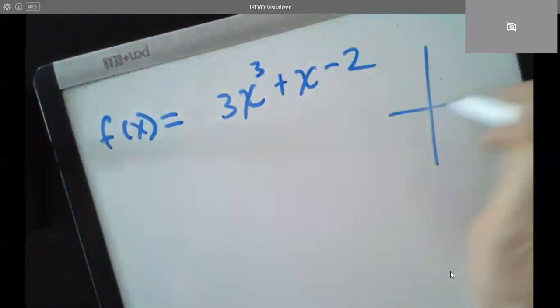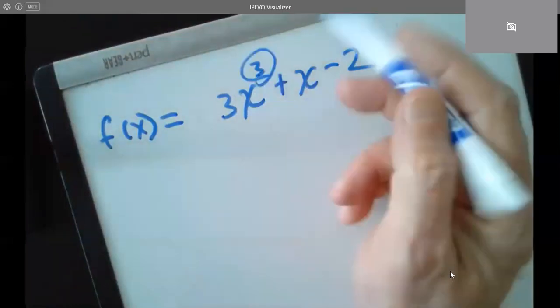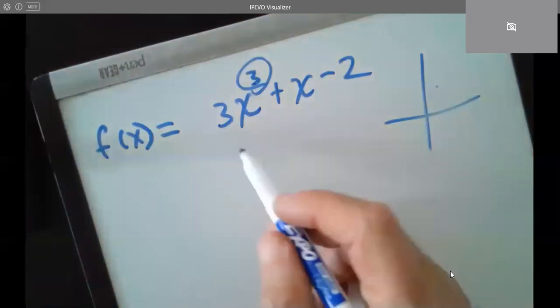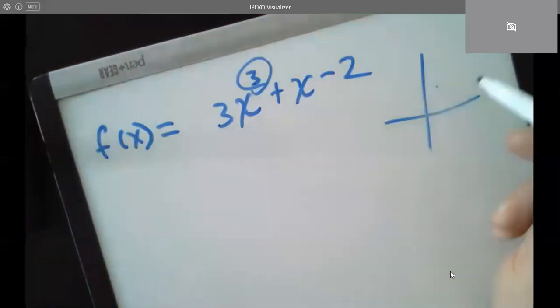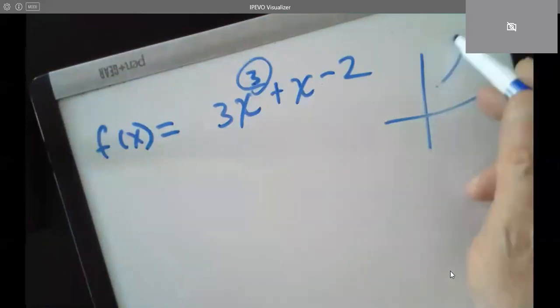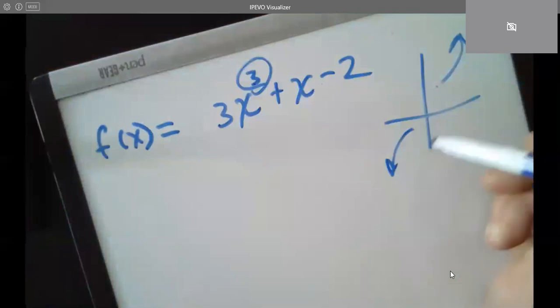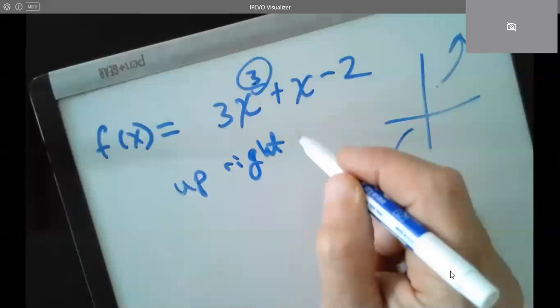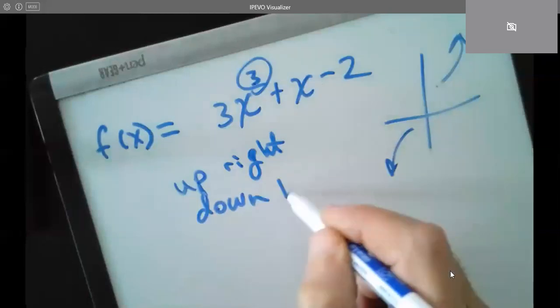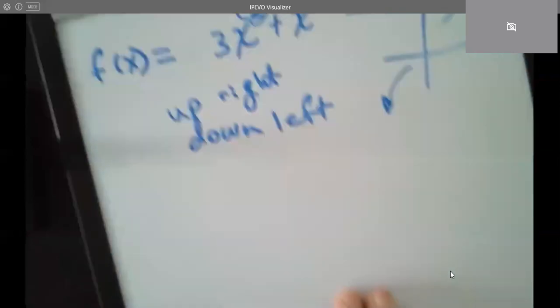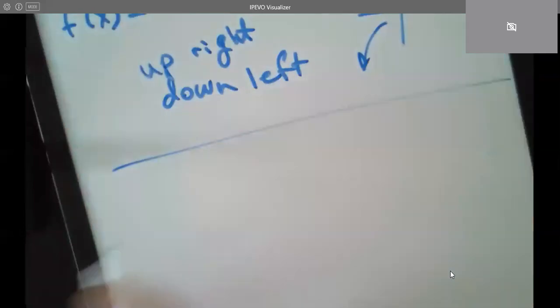Okay, so it's x cubed, right? So therefore its end behavior is going to be what? Yeah. Up, right, down, left. Okay. Any questions there?